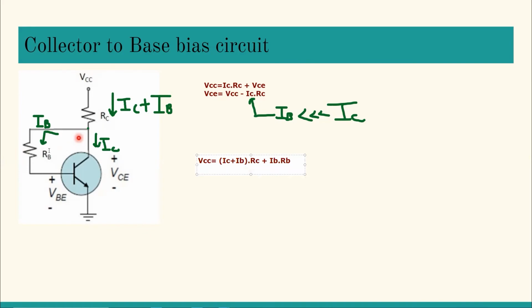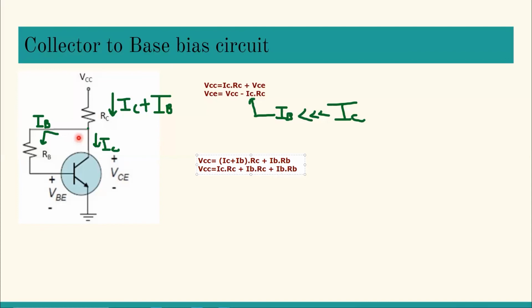Fine. After solving, let us solve this. VCC equal to ICRC plus IB RC. Sorry. What am I doing? मैं सिर्फ RC को ब्रैकेट के अंदर मल्टीप्लाई कर रही हूँ, ठीक है? Plus IB RB.